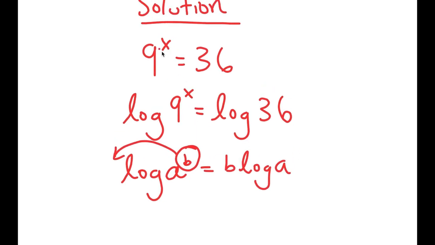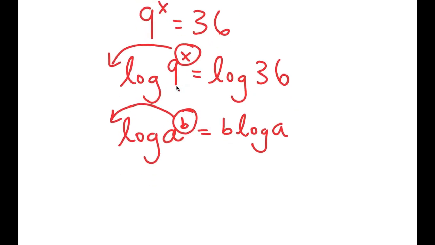Before, x was an exponent, and it's almost impossible to solve the equation in that form. But now we can move x to the front, and it's much easier to solve for x.